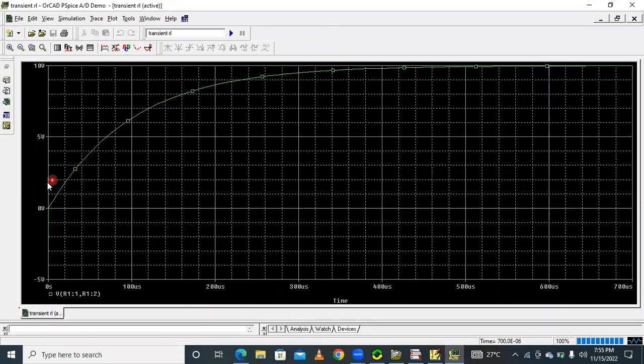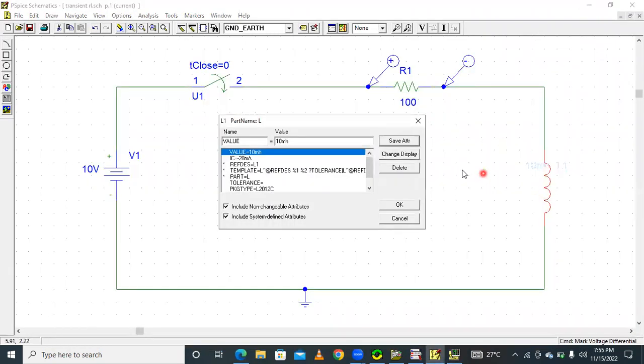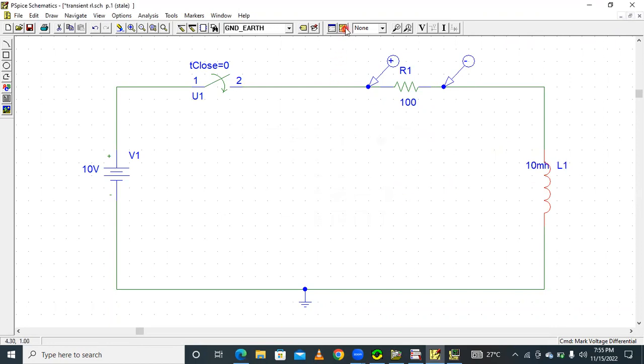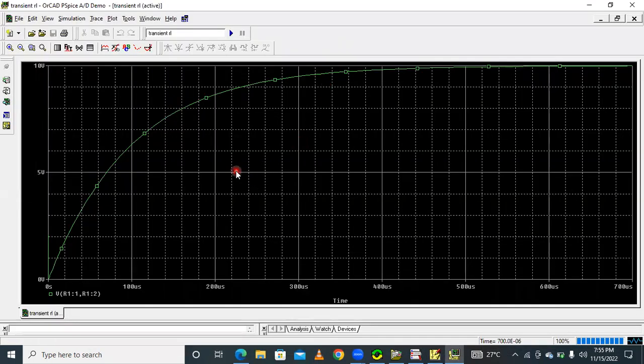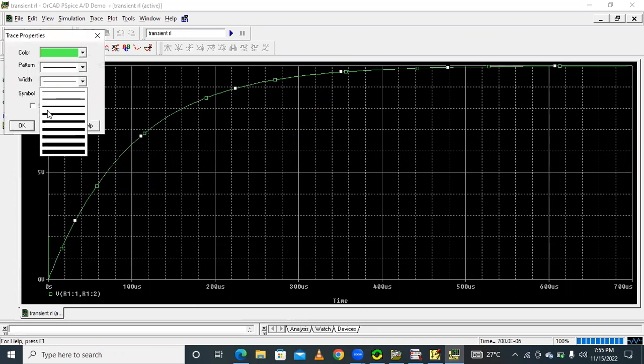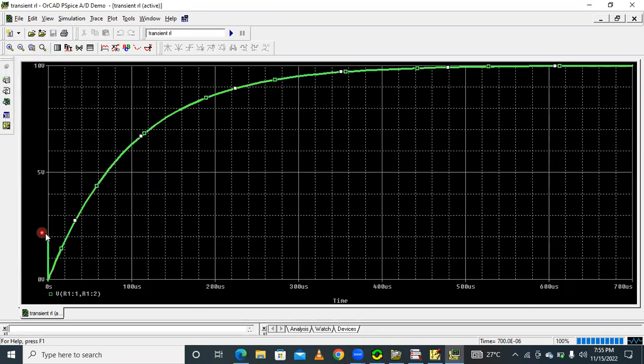Here the inductor initial condition is 20 milliamps. Then simulate. This is the voltage: 2 volts, and 0, 1, 2, 3, 4, 5. From 2 volts onwards, this expression will start like this.